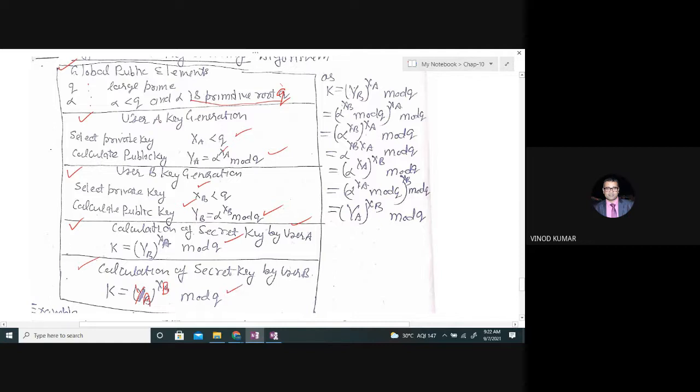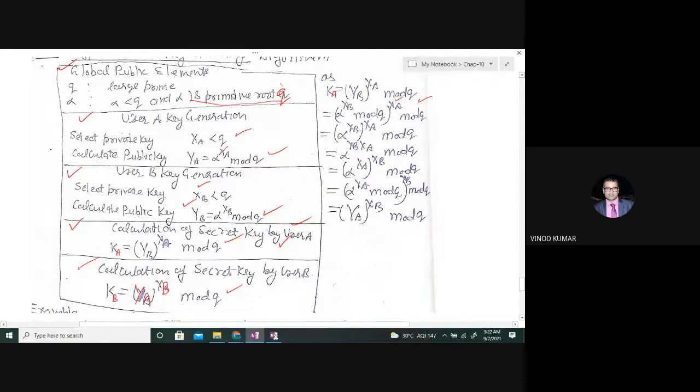So say this is k_a, this is k_b. If we take this k_b, then here we see the calculation. k_a equals y_b to the power x_a from A's side. Now y_b is alpha to the power x_b mod q, raised to the power x_a mod q.